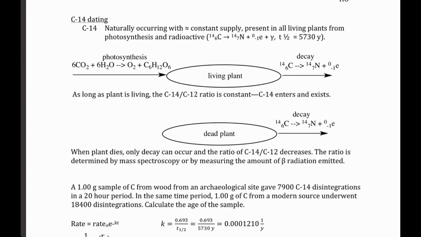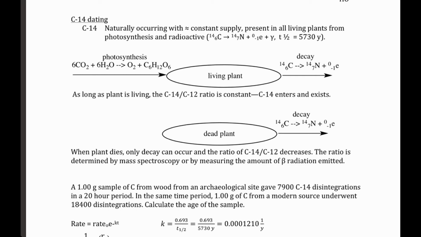So we have a living plant. It takes in carbon, both C12 and C14, through photosynthesis, which is taking CO2 and water from the atmosphere and the plant and so forth, and it produces oxygen and glucose.